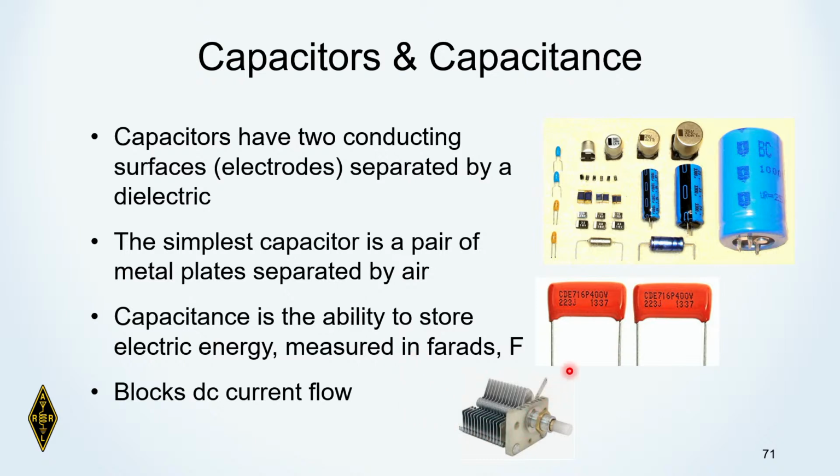Because the plates don't actually touch each other electrically, a capacitor will block DC current flow. But a capacitor, and this is kind of mind-boggling, can pass AC current flow due to a factor called reactance, which we're going to touch on briefly next week, but becomes extremely important in radio circuits. But they block DC current flow.